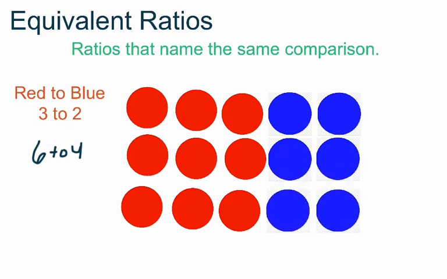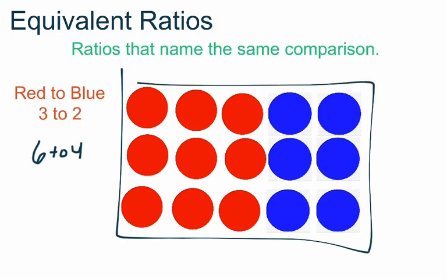Did we create another identical copy of this ratio? Absolutely. Again, looking at all 3, you should see we have 3 duplicates of our 3 to 2 ratio. I cannot just add 1 red and 1 blue, or 2 reds and 1 blue. I can't take these other numbers.